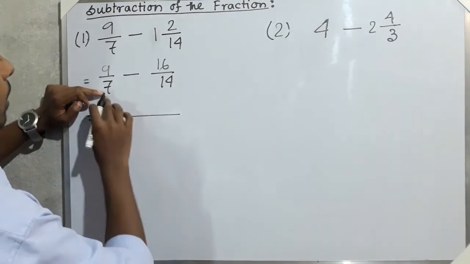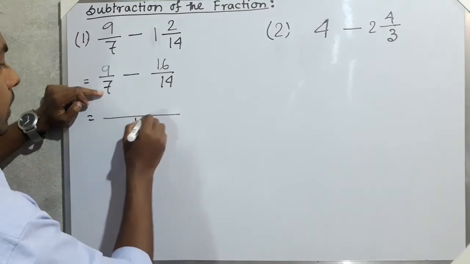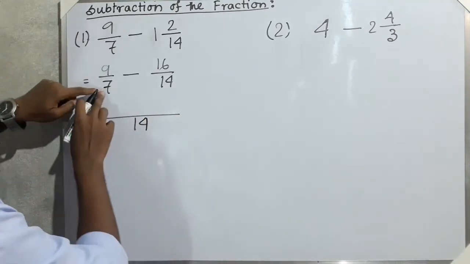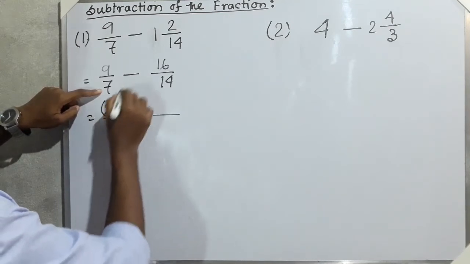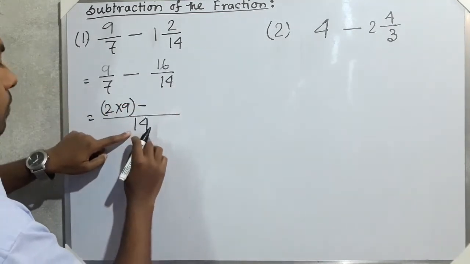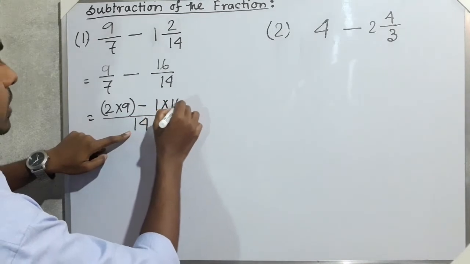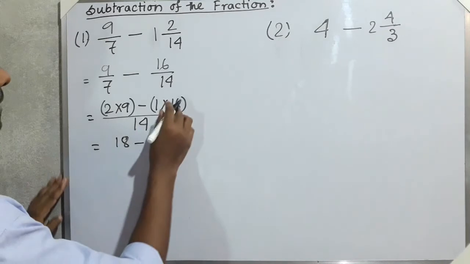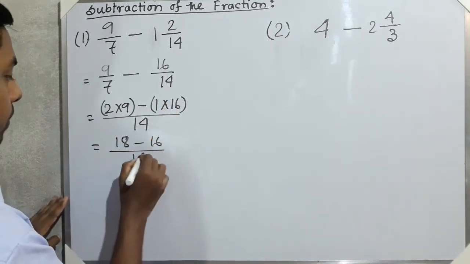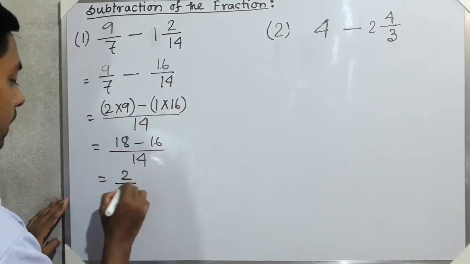The LCM of 7 and 14 is 14. Now 7 twos are 14, so 2 into 9, minus 14 ones are 14, so 1 into 16. Now 9 twos are 18, 16 ones are 16, by 14, 2 by 14.